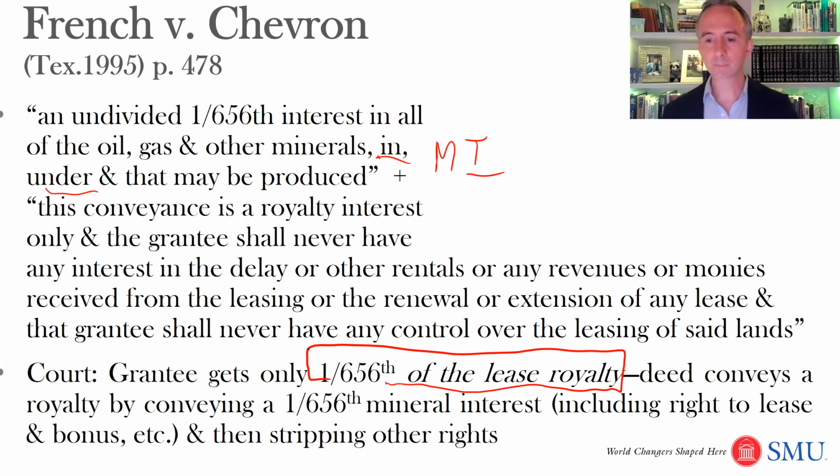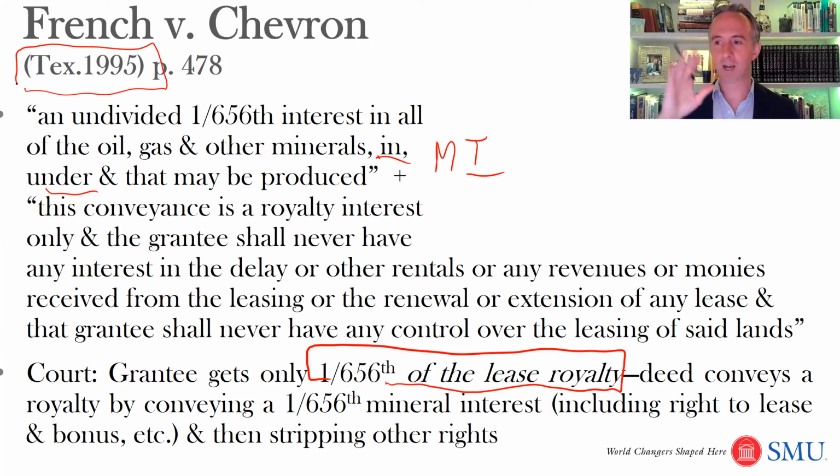Okay. By the way, good reminder of how much money could be involved in oil and gas cases. They litigate all the way to the Texas Supreme Court the question of whether it's 1/656th of all production or 1/656th of the lease royalty. So that is big money on the line, even for small fractions.